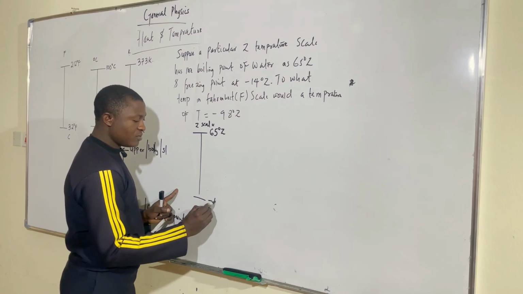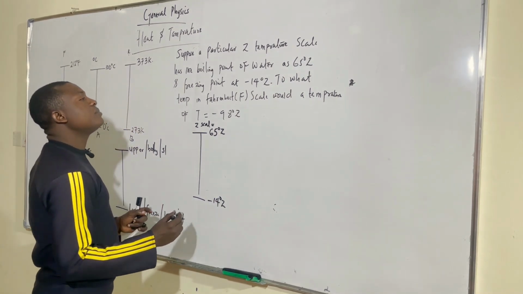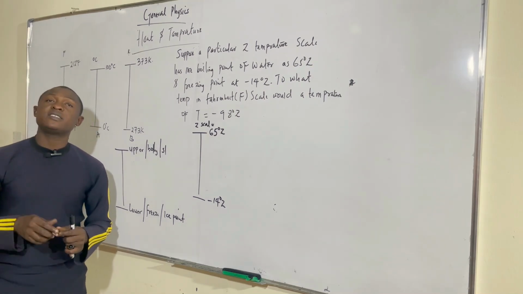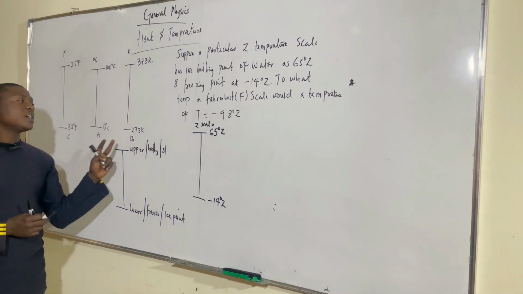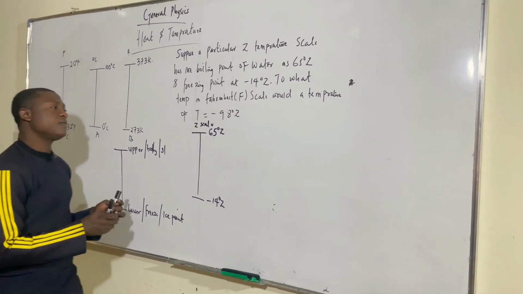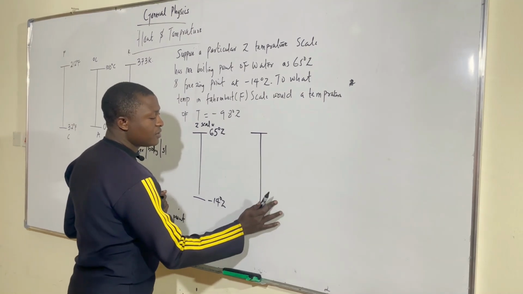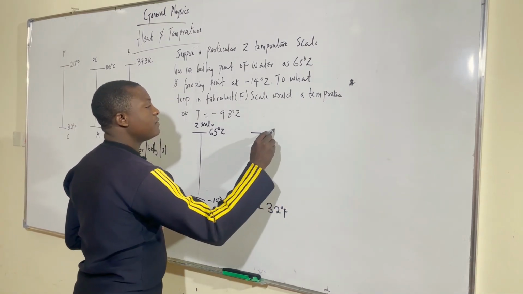So we have this one to be minus 14 degrees Z. So the question now said to what temperature in Fahrenheit. Now the question has specified that we should give the result in Fahrenheit scale. So you can see we have Fahrenheit scale, Celsius scale, and Kelvin scale, meaning we are going to apply this. So for the Fahrenheit scale, normally for the lower we have 32, and for the upper we have 212.